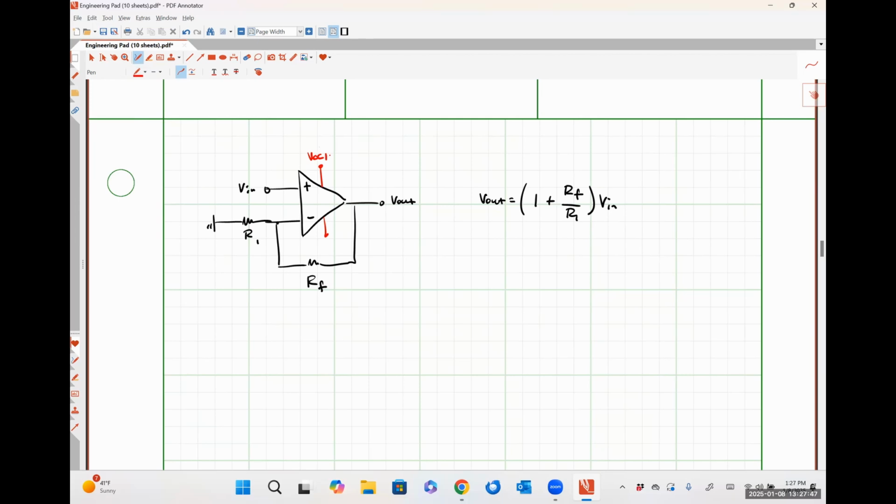So we're going to have some voltage here, VCC plus, and some voltage here, VCC minus. Essentially, the output voltage of our amplifier system is limited to fall between those two voltages. So we can never have a signal that's more positive than VCC plus, and we can never have a signal that's more negative than VCC minus.